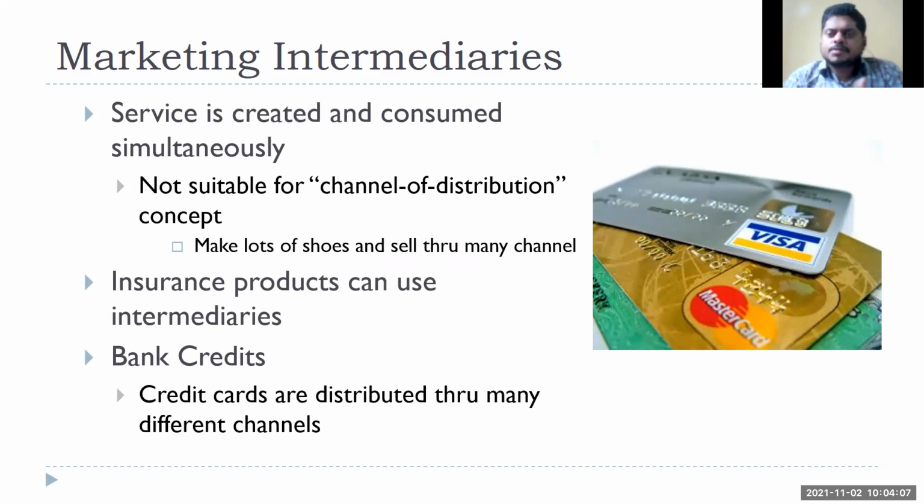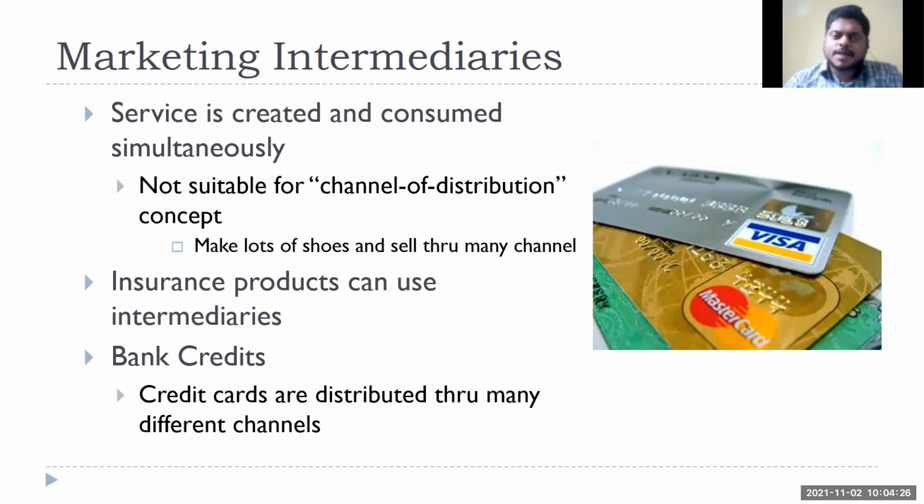In service, what happens? If you go into a movie hall, you watch the movie while they're simultaneously screening it. You go to a hotel restaurant, they prepare your food and you are eating it, right? But for some concepts like banking services, like credit cards, that is where the intermediary can come into the picture, right?